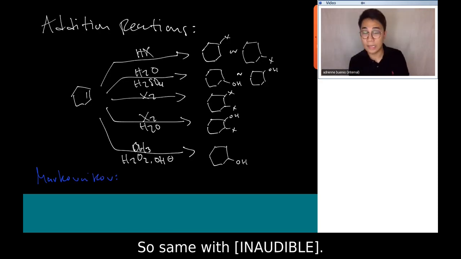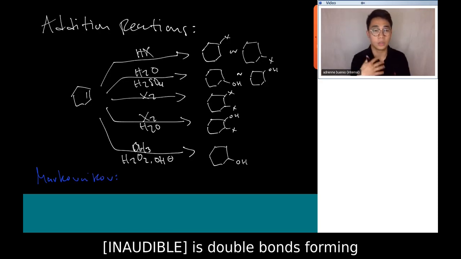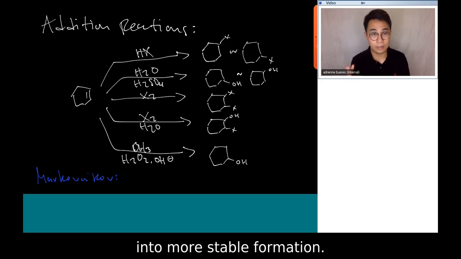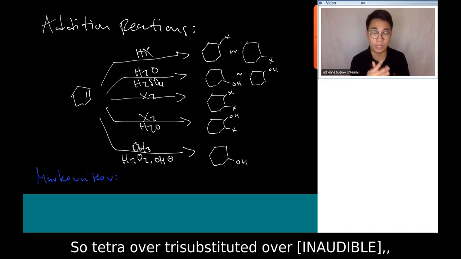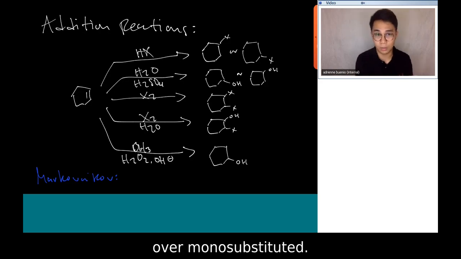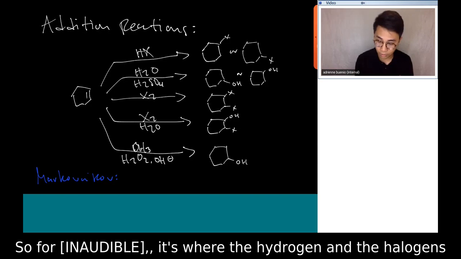So same with Zaitsev, right? Zaitsev is double bonds forming the more stable formation. So tetra over tri substituted over di over mono substituted, right? So for Markovnikov, it's where the hydrogen and the halogens go.